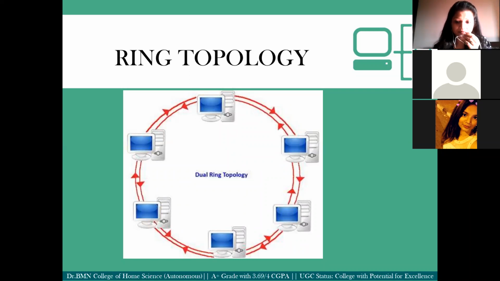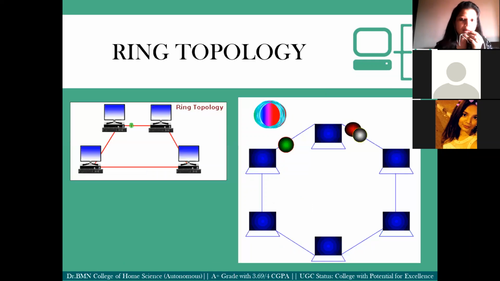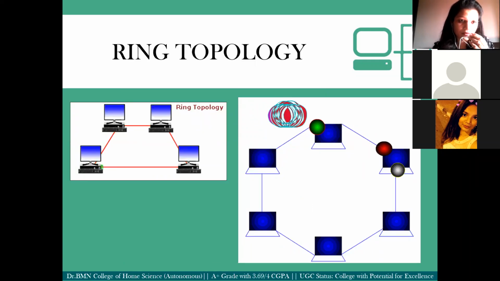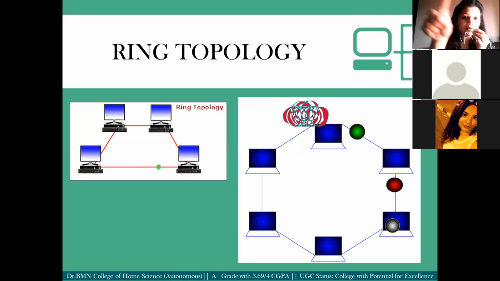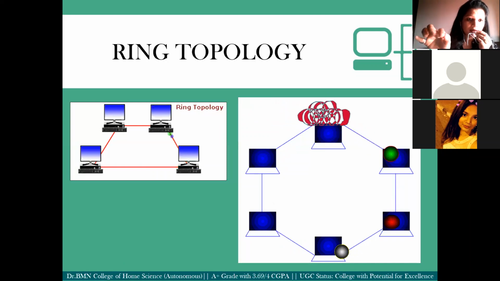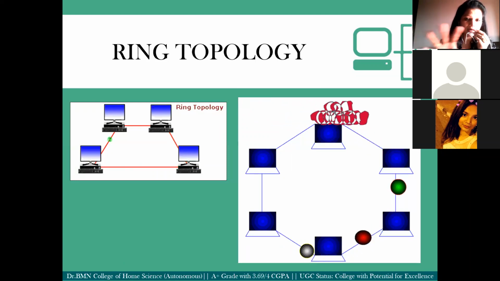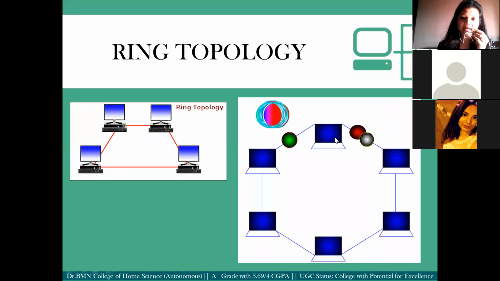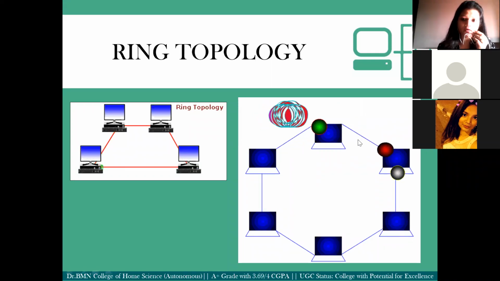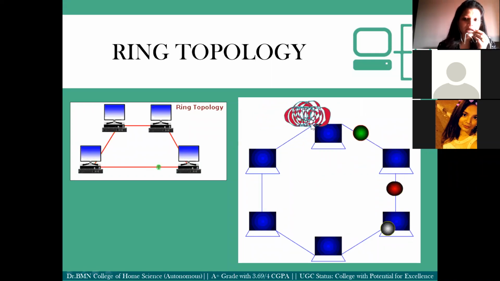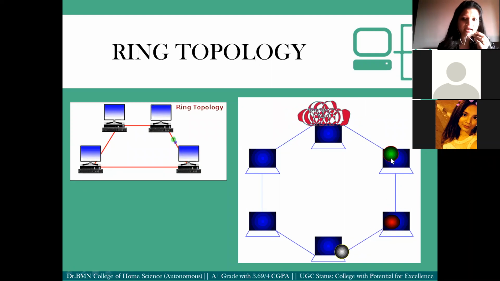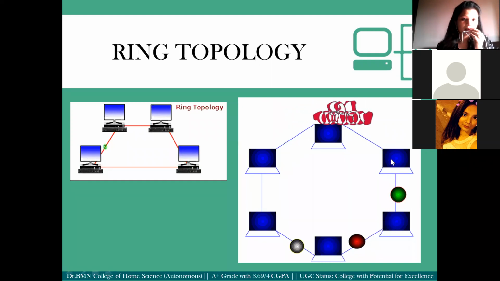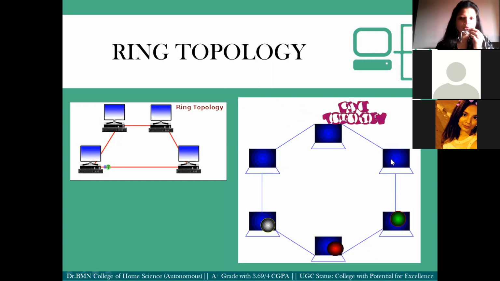Here it was only one direction, so if there is any problem in the link, the system will fail and the transmissions will get disrupted. In that case, if the ring is following this direction and this link is not working, it can follow the other direction and transmit. So that is known as dual ring.